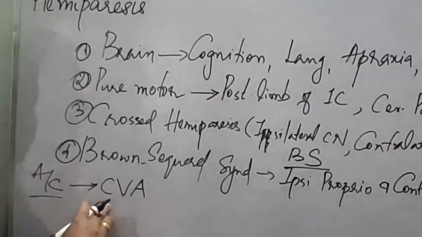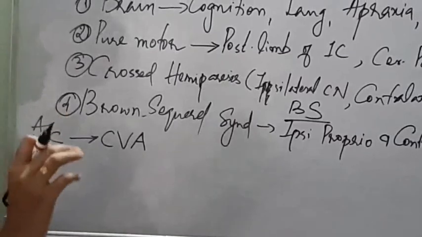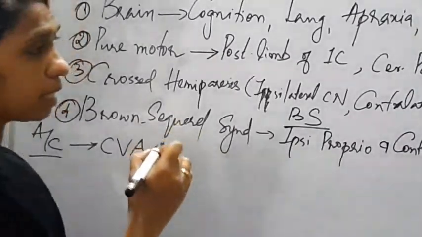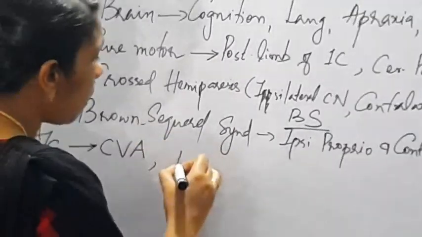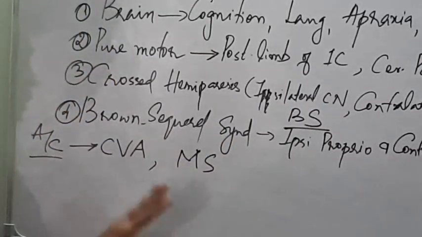The most important cause of acute hemiparesis is CVA, that is ischemic or hemorrhagic stroke. We will be discussing CVA in coming sessions. Sometimes it is also seen in diseases such as multiple sclerosis.